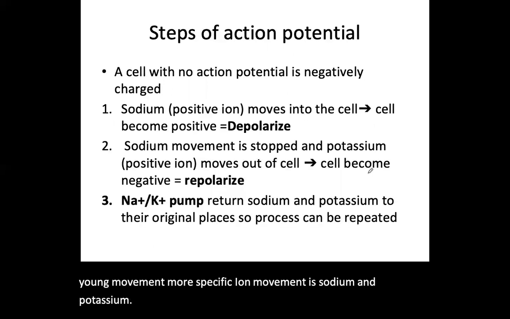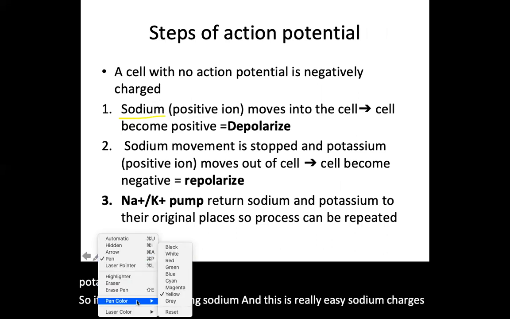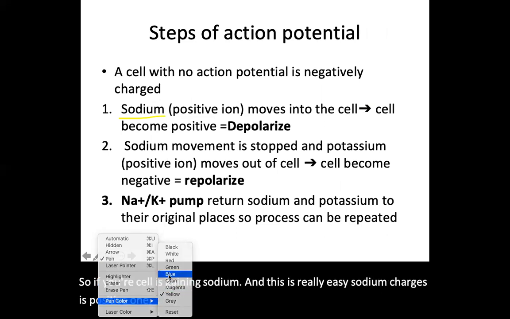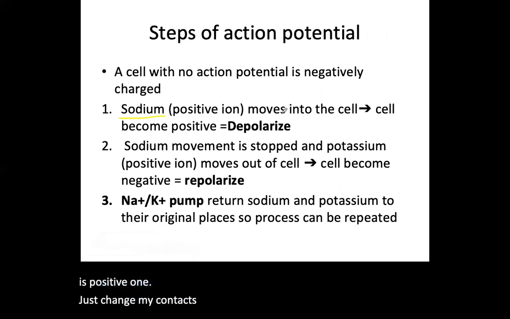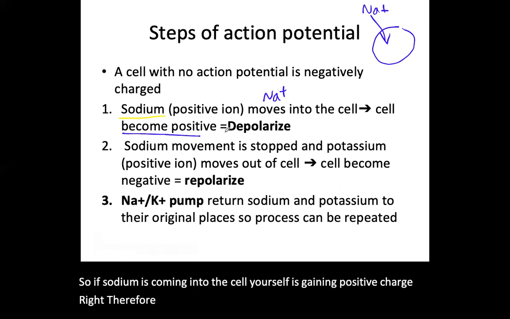So if your cell is gaining sodium, and this is really easy, sodium is Na+. If sodium is coming into the cell, your cell is gaining positive charge, therefore it's becoming positive, or depolarized.